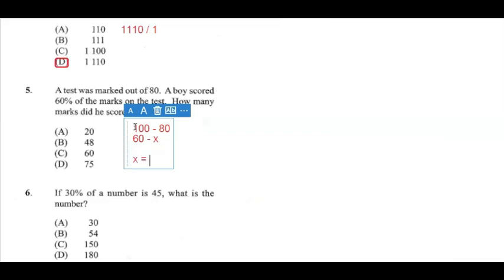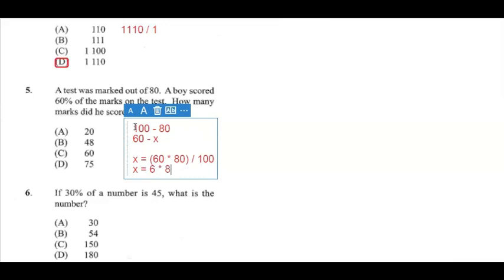So we're cross multiplying to solve for x, so therefore x is equal to 60 multiplied by 80, and all of that is divided by 100. We can cancel zeros from the 100 with the 0 from 60 and 80, and that will leave us with x is equal to 6 multiplied by 8.